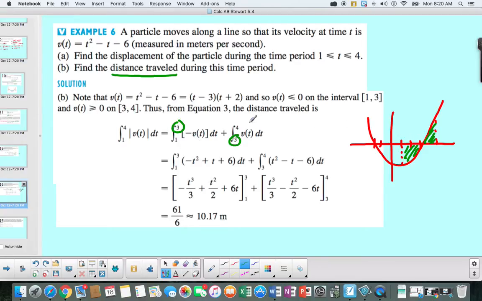This is already going to be a positive result because the heights are positive and the widths are positive. And we're going to get the answer here, and this determines the total distance traveled. So I suspect what the particle did was go to the left and then go to the right, and not all the way to the place where it started. But we count this distance and this distance.